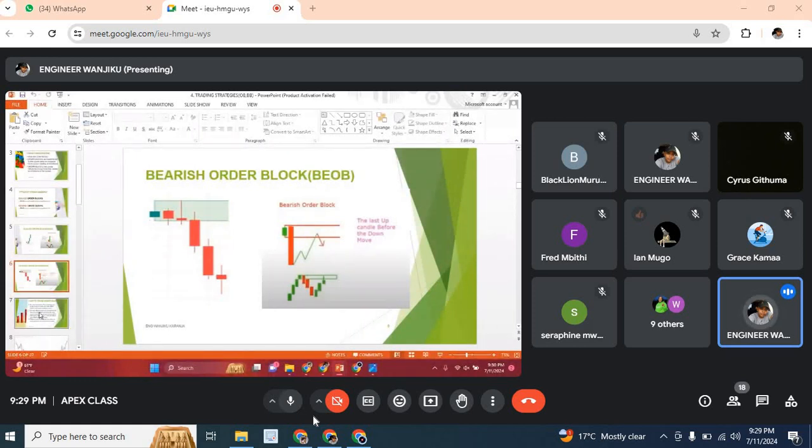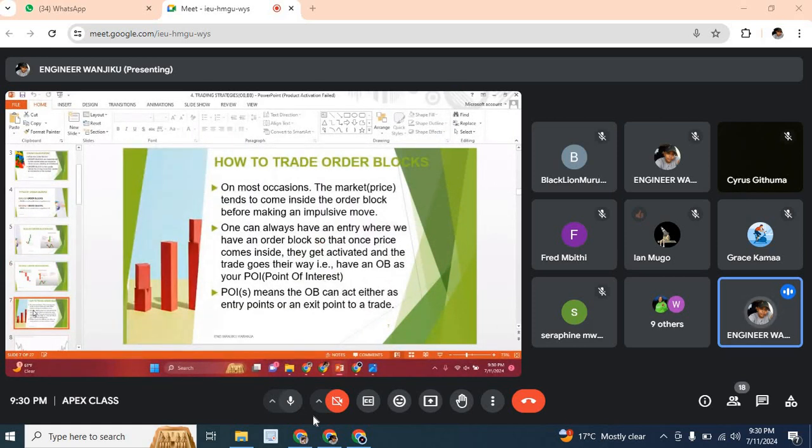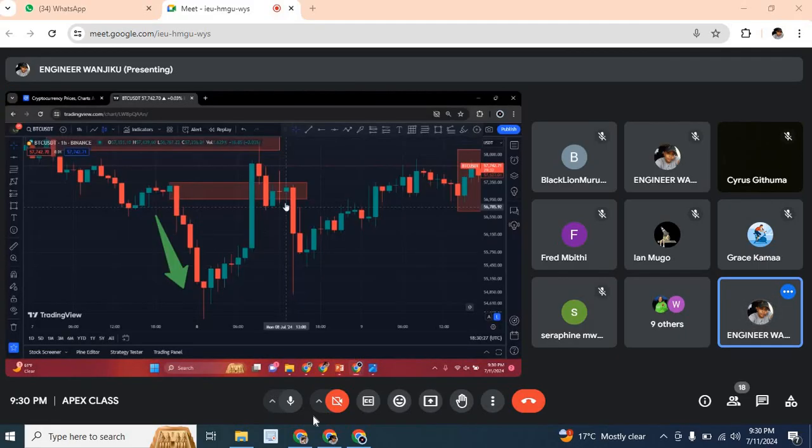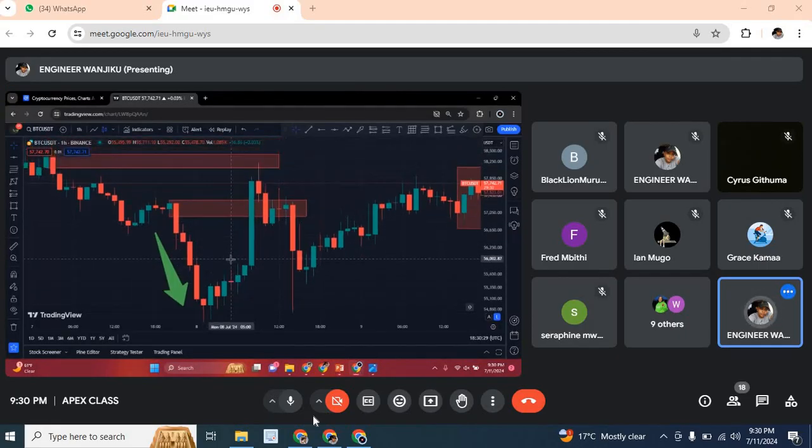Perfect. So, how do we trade an order block? On most occasions, remember I'm saying most, not all, the price tends to come inside that order block. In most occasions, the market will come back into the zone of the order block and have your sell from that point.